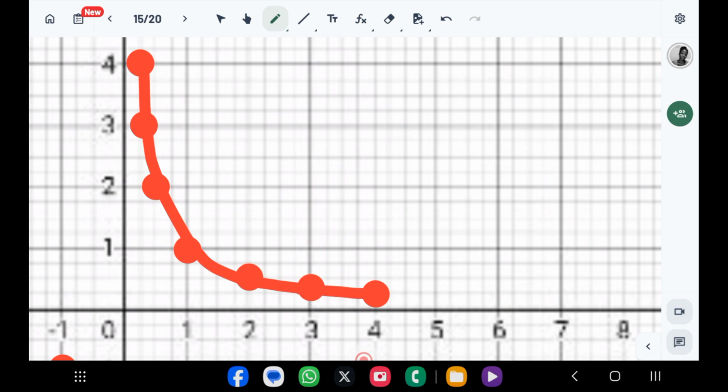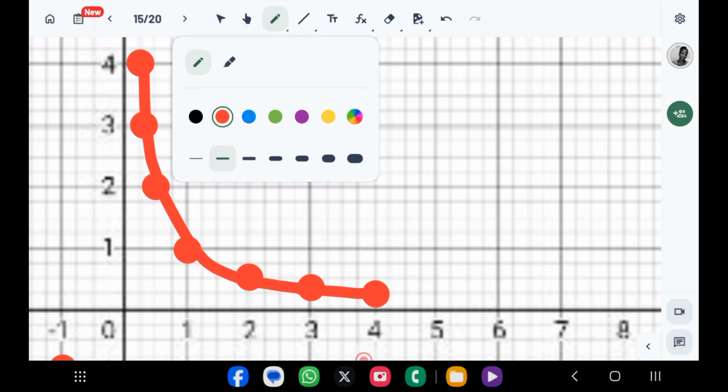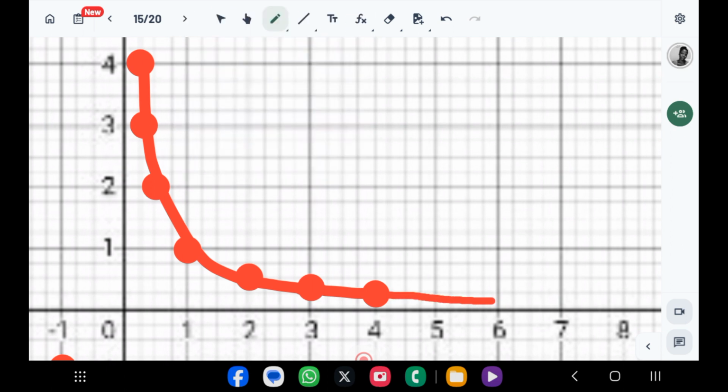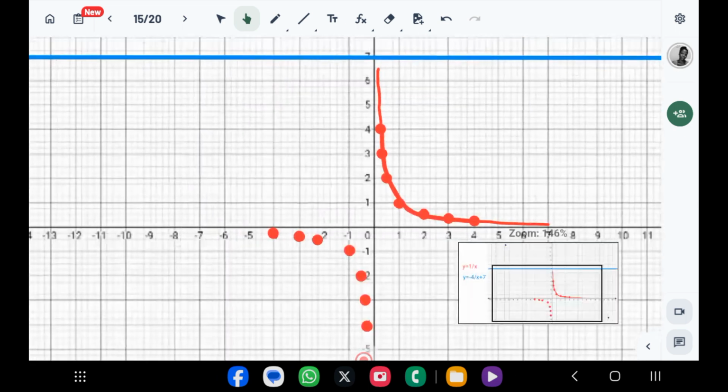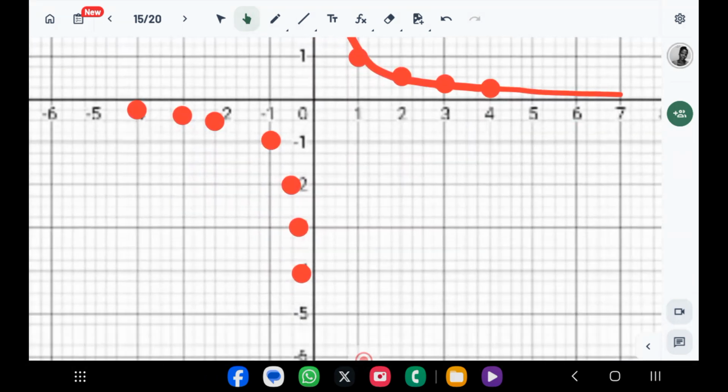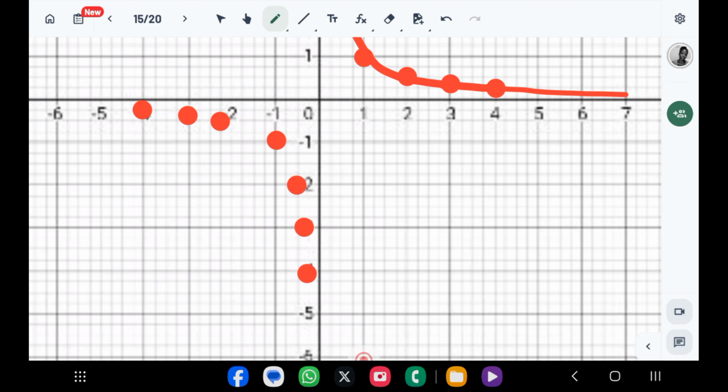And then the tails. That's enough. On the other end, let's draw the tail. And that will be enough. Let's join the points. And the tails. That will be enough. Tail on the other end. That will be enough.